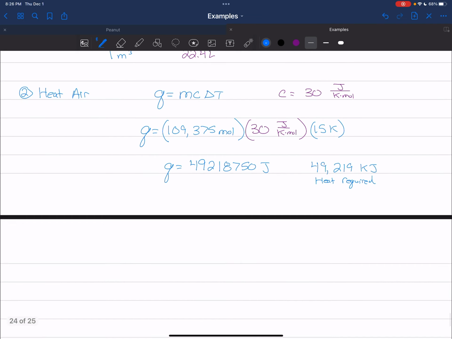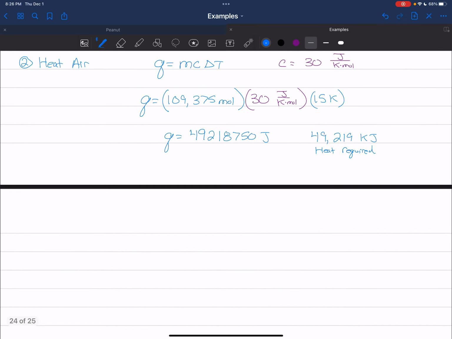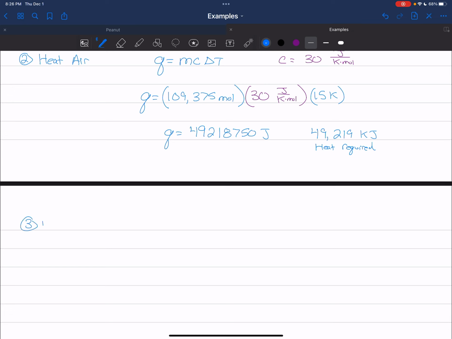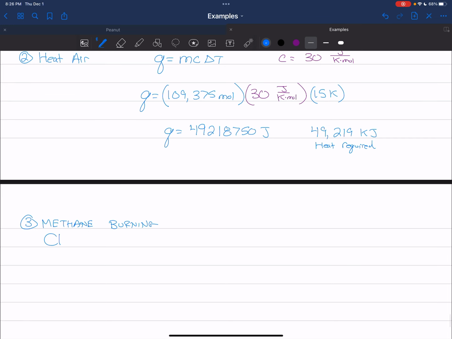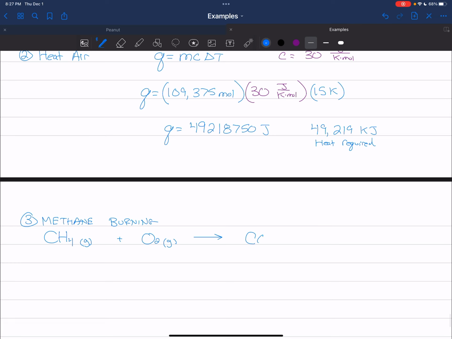Okay, now, step 3. Let's talk about methane. So methane burning: we got methane, CH4, a gas, plus O2 gas, giving us carbon dioxide and water vapor.